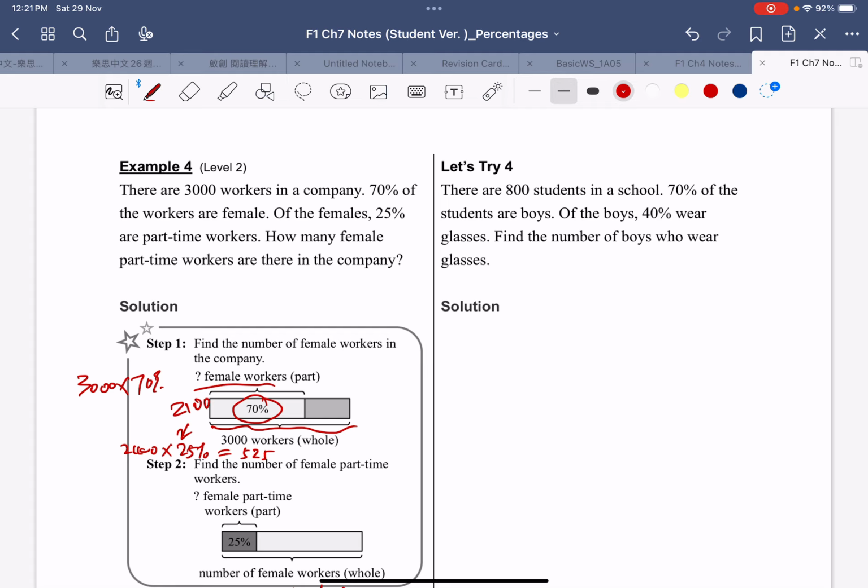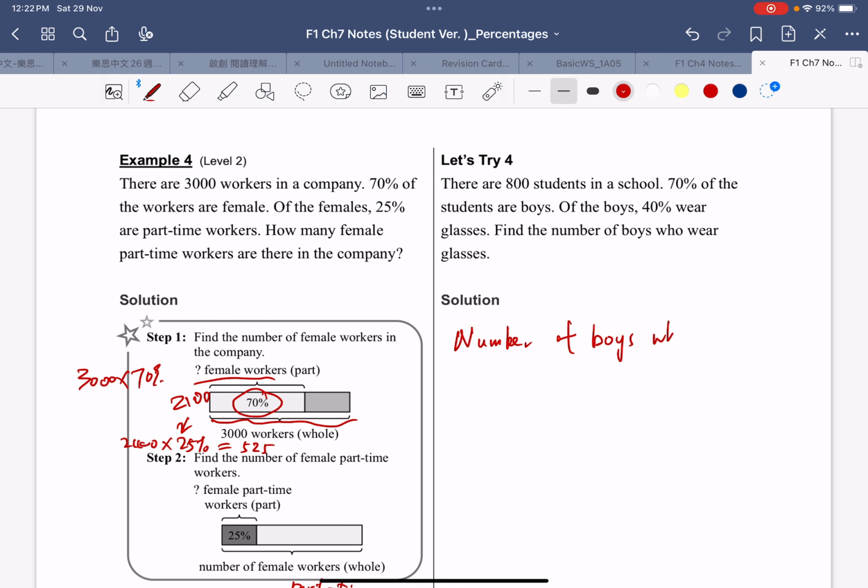The same thing, we need to calculate the number of boys who wear glasses. Just write down what we are calculating. Number of boys who wear glasses equals what? Number of boys first. Number of boys is the whole times 70%.